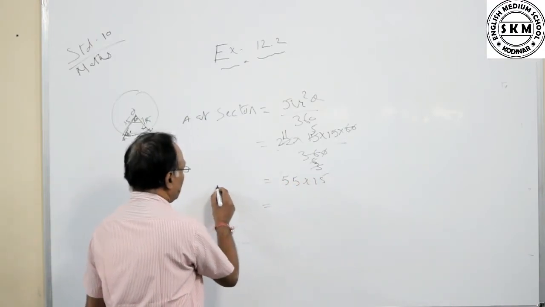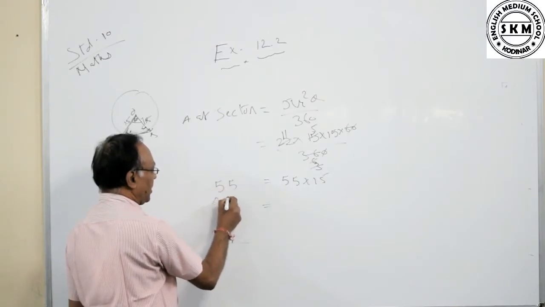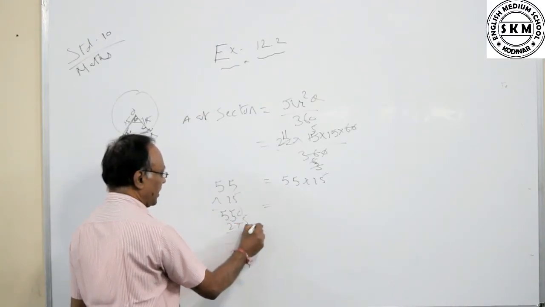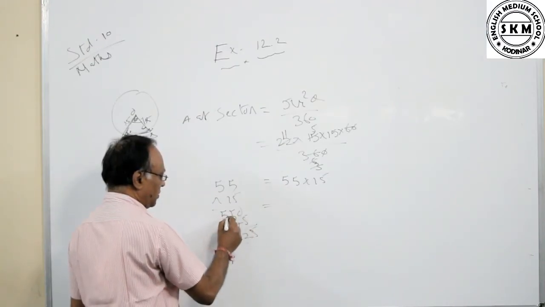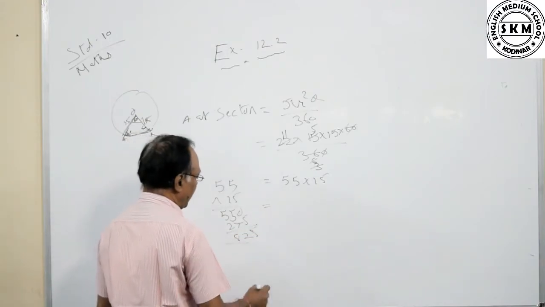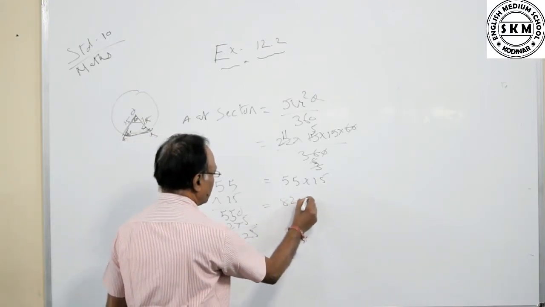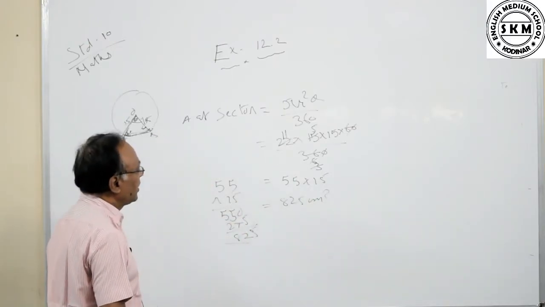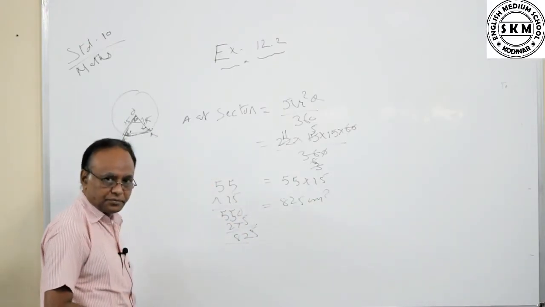So 55 into 15 is 550 plus 275, which is 825 centimeter square.